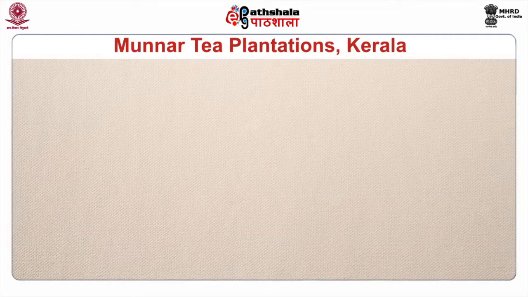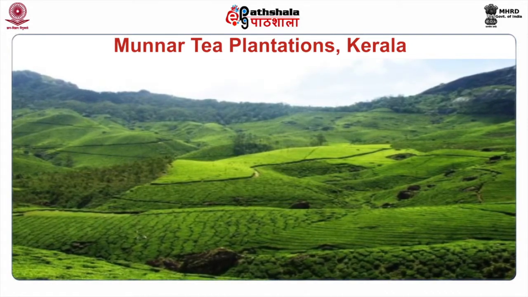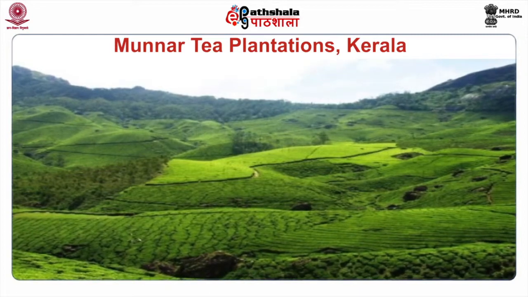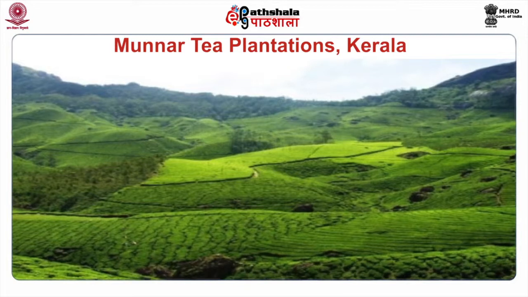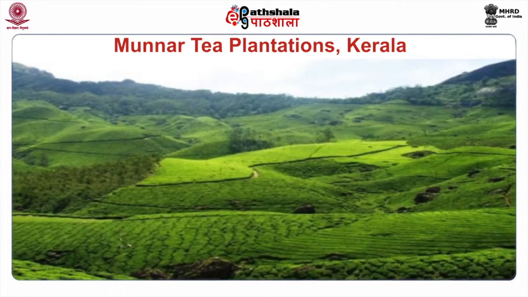Then Munnar Tea Plantations, Kerala. It is a fast rising romantic destination of South India after beautifully showing its presence in various movies like Chennai Express, Nishabd and Life of Pi.